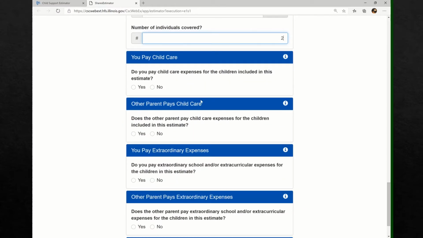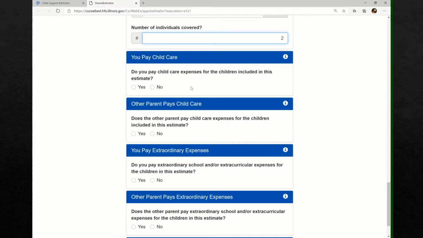Do you pay childcare expenses for the children included in this estimate? Childcare expenses could be things like daycare or a nanny. Since in this case both you and your ex work, let's assume both of you work full-time. Therefore, when the child gets back from school, there's a nanny that picks them up and takes them home and spends a few hours until you or your ex come back home, depending on where the child is that day.